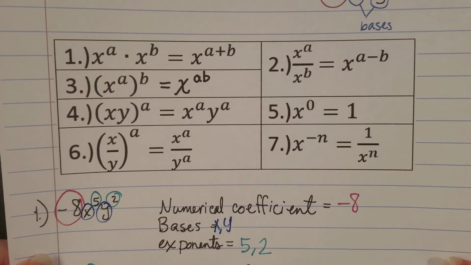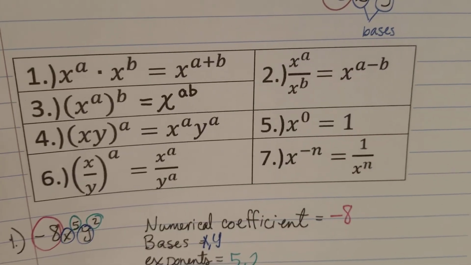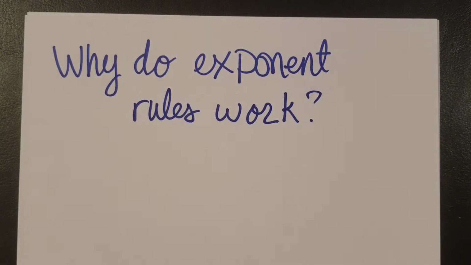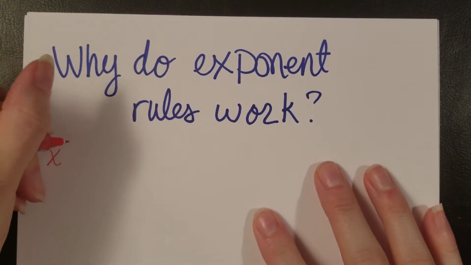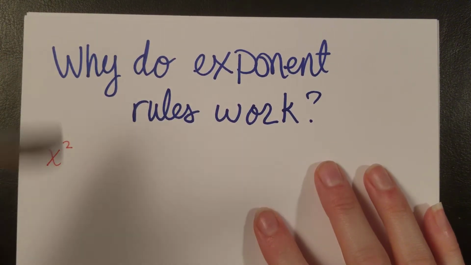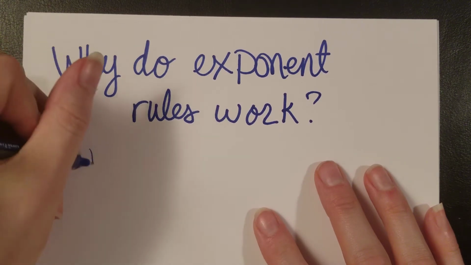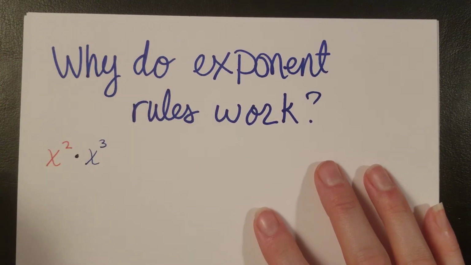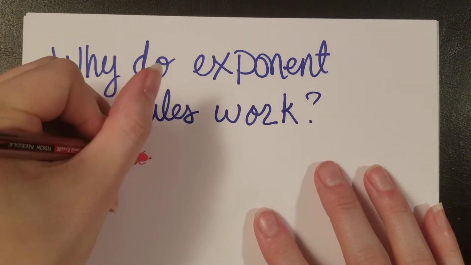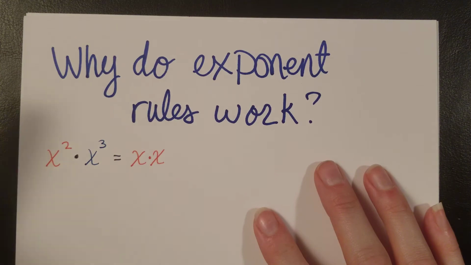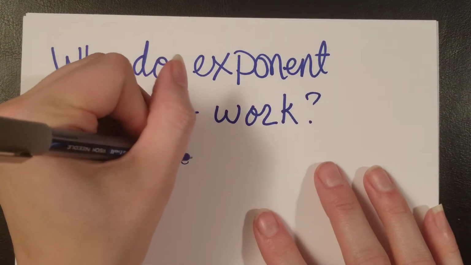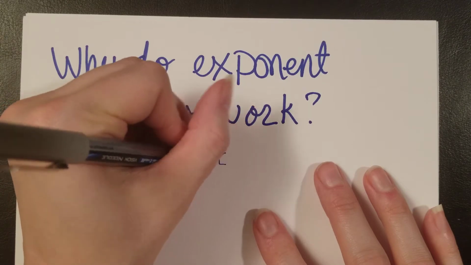So let's start with number 1. So you're multiplying two things that have the same base. All right, so let's say you want to multiply x squared times x to the third. Okay, well, x squared could be written as x times x, and then x to the third power could be written as x times x times x.